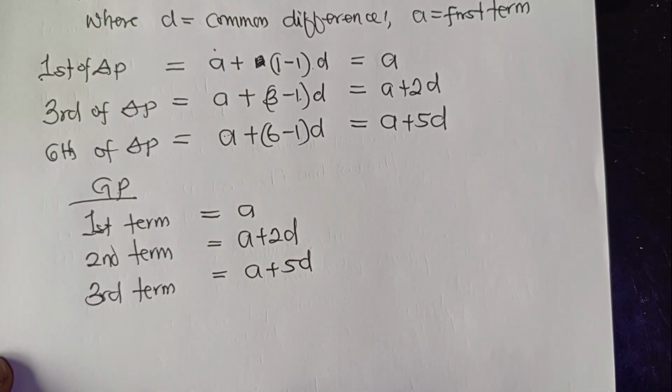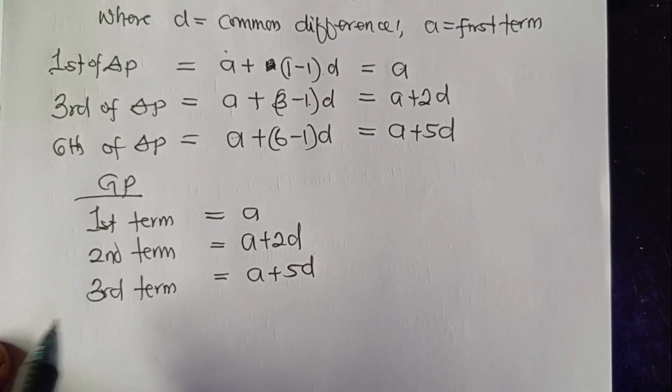We are told that they form a geometric progression, and in a geometric progression we have a common ratio.